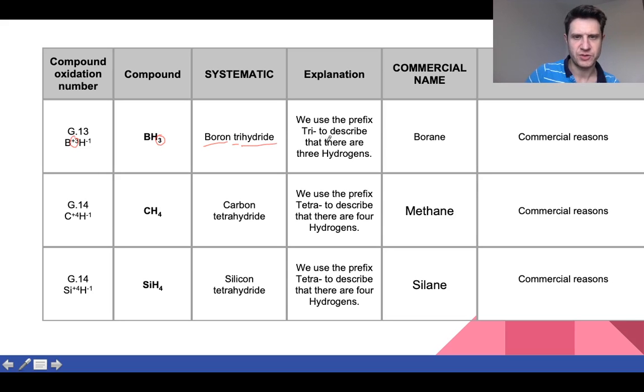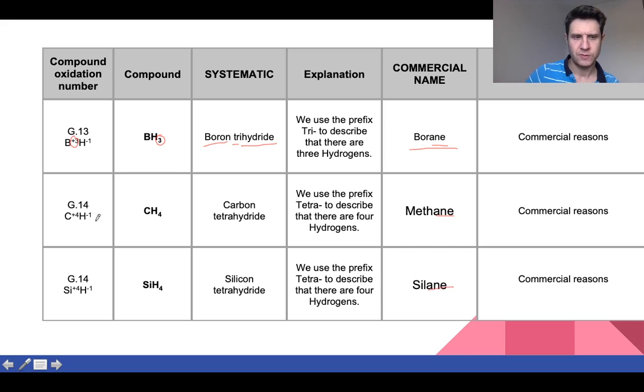We use the prefix 3 to describe that there are 3 hydrogens. In this case we don't have stock nomenclature, so we're going to call it borane. And all these finish with ane: methane, and silane.